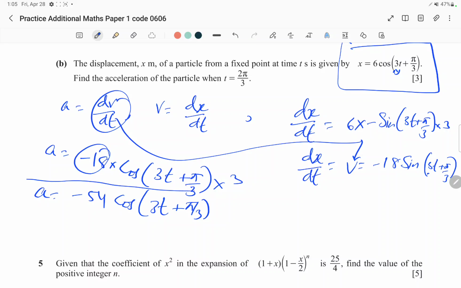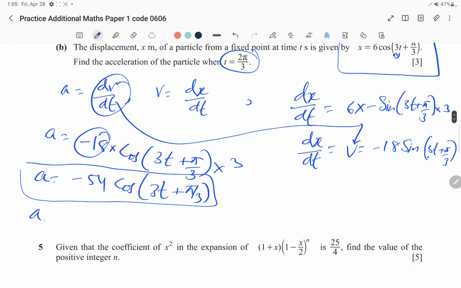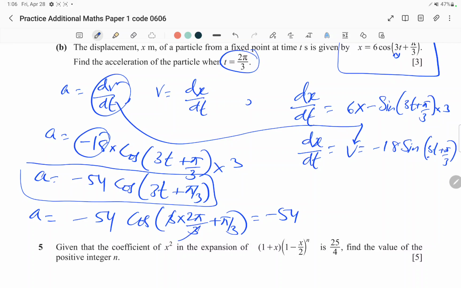This is my acceleration in terms of time, but I have to give exact acceleration when time is 2 pi over 3. So just put this, minus 54 cos of 3 times 2 pi over 3 plus pi over 3. So either you can use the whole thing in calculator, or I can use different way.